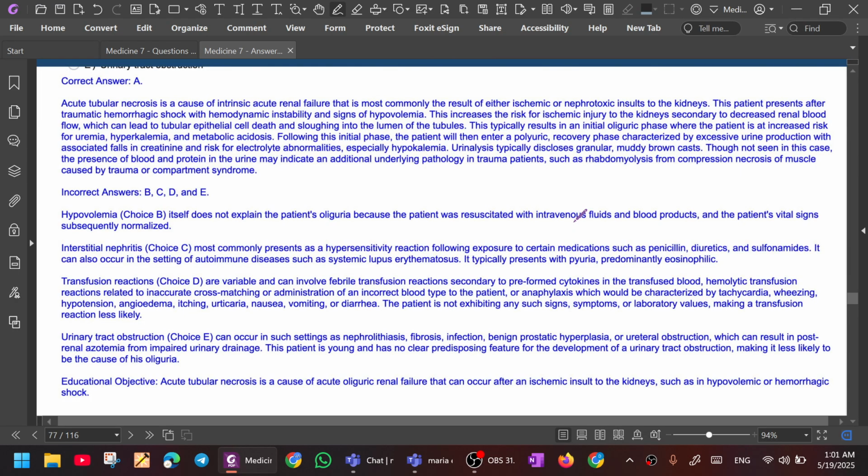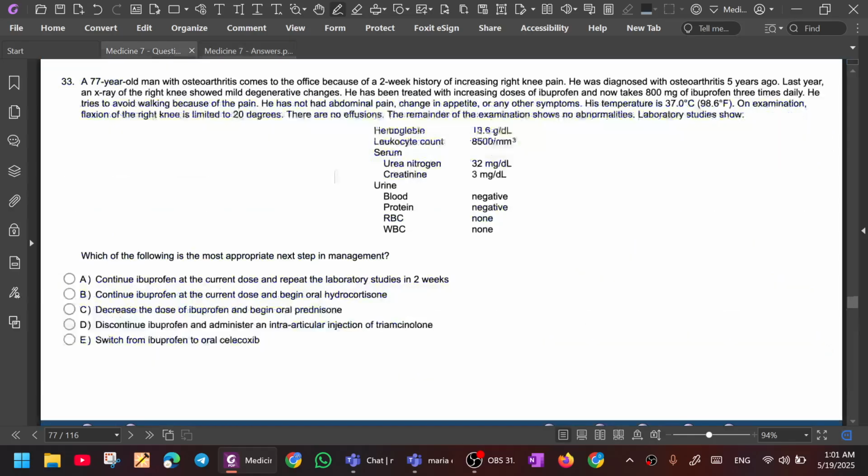Next. A man with osteoarthritis comes to the office because of a 2 week history of increasing right knee pain. He was diagnosed with osteoarthritis 5 years ago. Last year, an X-ray of the right knee showed mild degenerative changes. He has been treated with increasing dosage of ibuprofen and now takes a lot of ibuprofen 3 times daily.